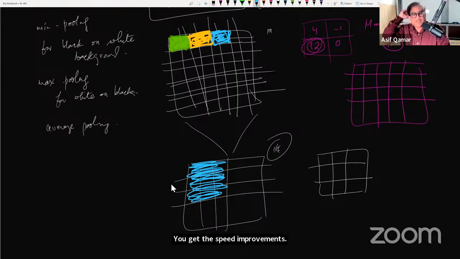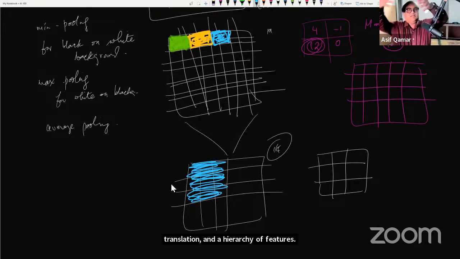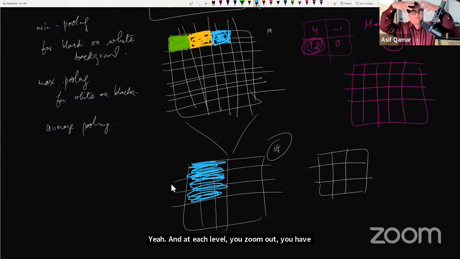See, that happens to be a byproduct, but that's not the reason you would mathematically argue for it. The reason for its existence is, look at the things that we wanted. We wanted an architecture which could induce a bias, which is translation equivariance and a hierarchy of features, and at each level, you zoom out, you have a slightly bigger receptive field.